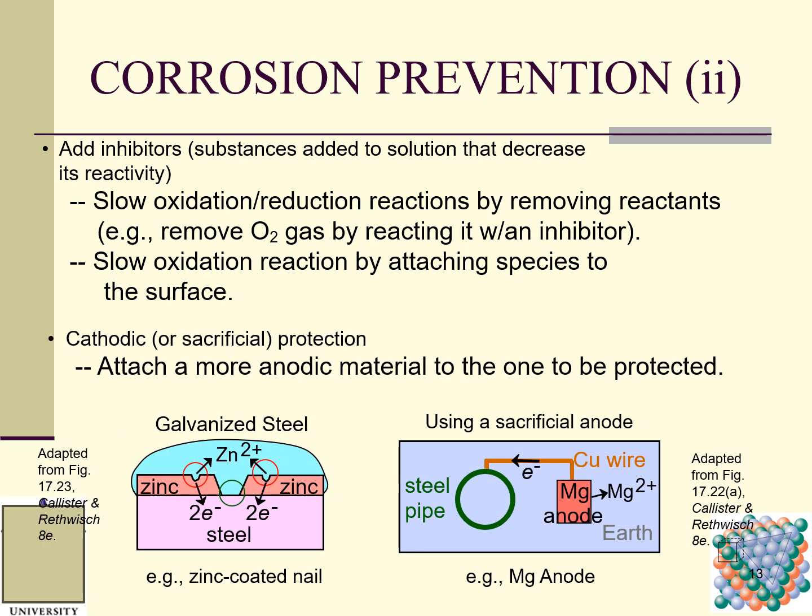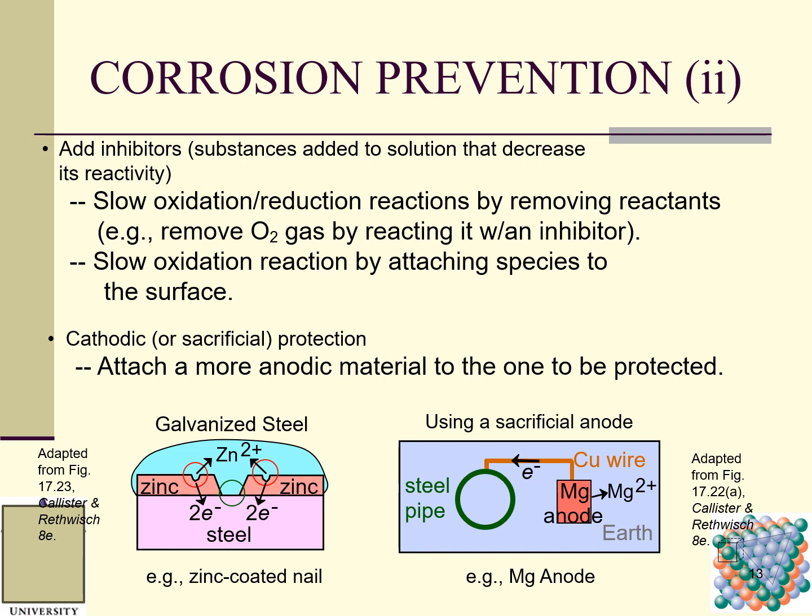Next approach is cathodic protection, or sacrificial protection. Attach a more anodic material to the one to be protected. If we do this, the more anodic material will be oxidized, will corrode, and our material will be protected.